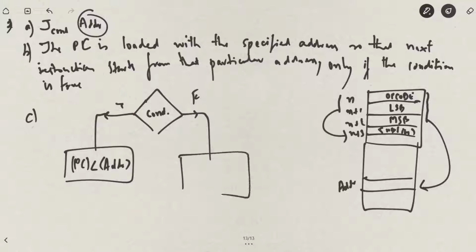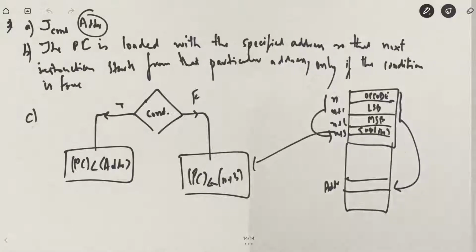If it is false, the program counter will be loaded with this address, that is, the normal address that should have been written onto the program counter, so that normal execution of the program continues. Fine. So this is your jump conditional. Now regarding the rest of the properties of this instruction, it's a 3-byte instruction.